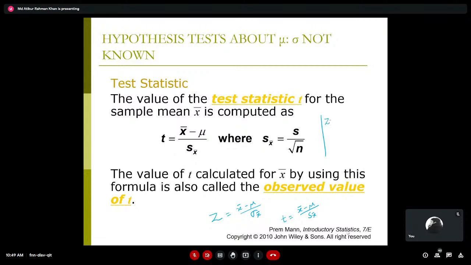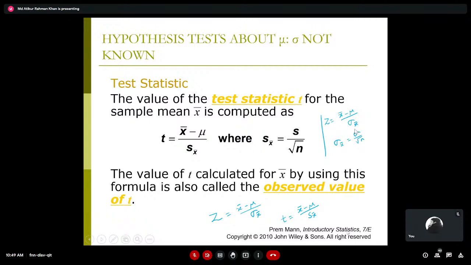Z equal to X bar minus mu by sigma X bar, that we used in the previous problems, and sigma X bar equal to sigma divided by square root of n. Now we do not know the population standard deviation sigma, but we know the sample standard deviation S.